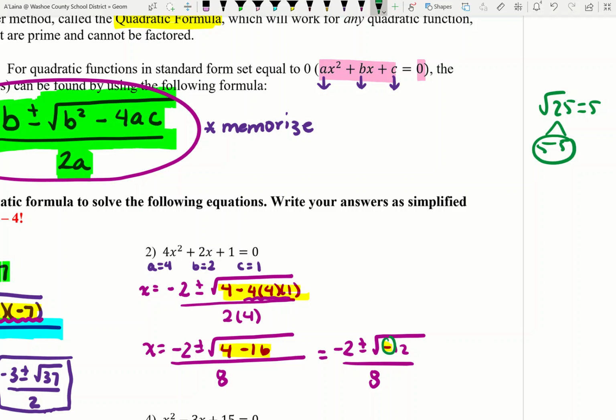You can do it with something called imaginary numbers, which we're not going to worry about this year. You're going to learn about that in a future year. But you cannot, with real numbers, multiply something by itself and get a negative. So if you get a negative inside the square root symbol, you can stop the problem and say, hey, there's no solution. I use that symbol for no solution. Some people write NS. Some people write out the words, no solution.